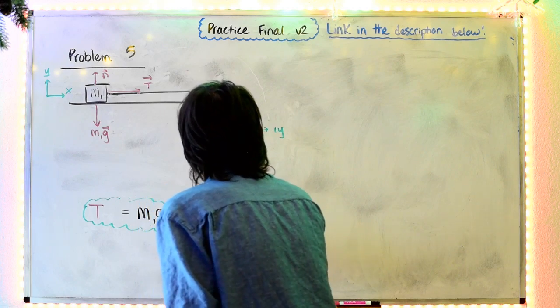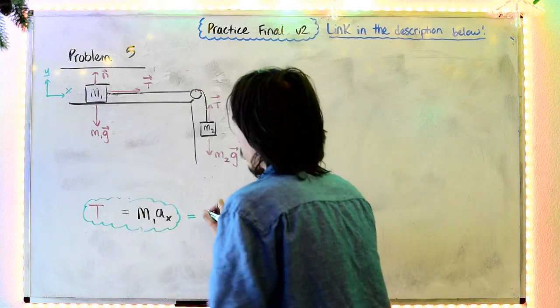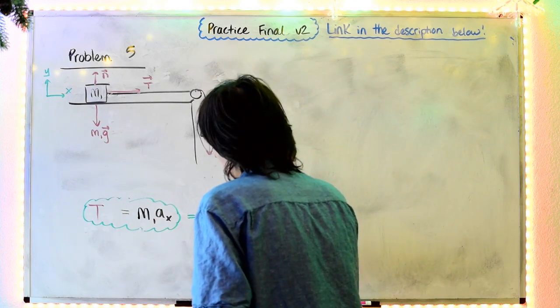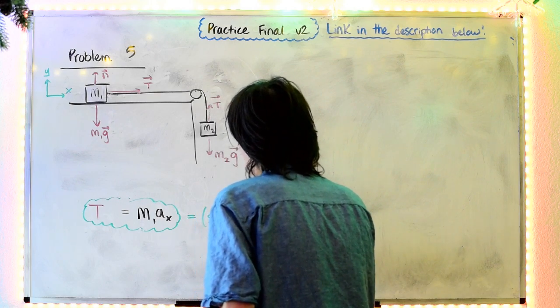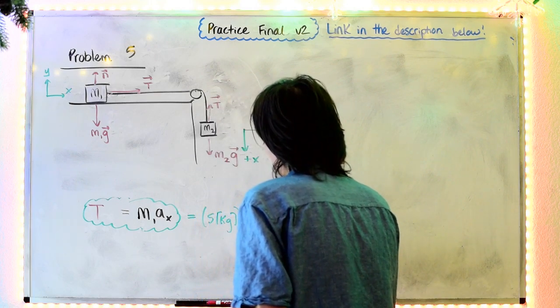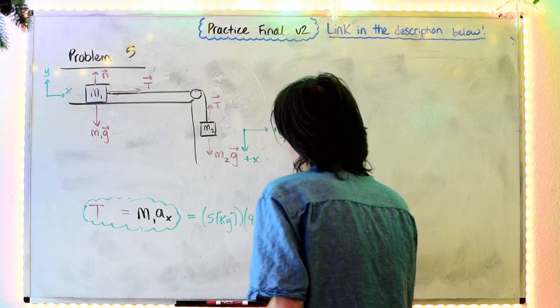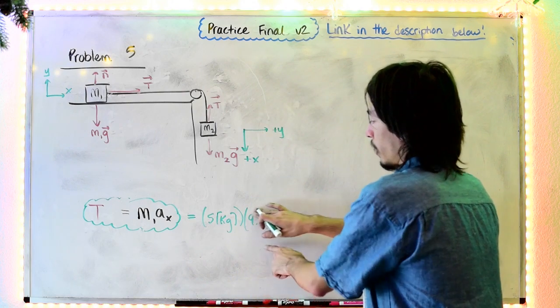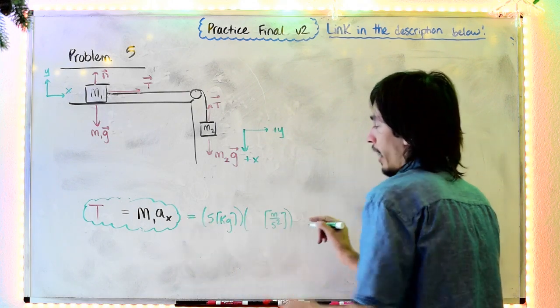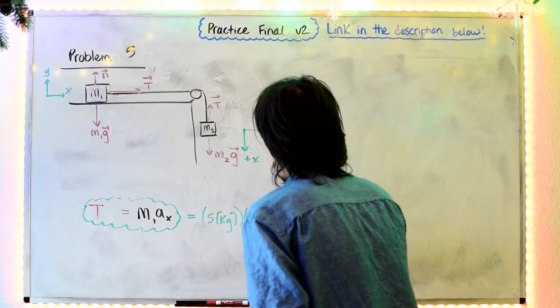So we have mass 1, which is 5 kilograms times 9.8 meters per second squared. Oh, sorry, not 9.8, that's g. I want ax, which is 3.26.